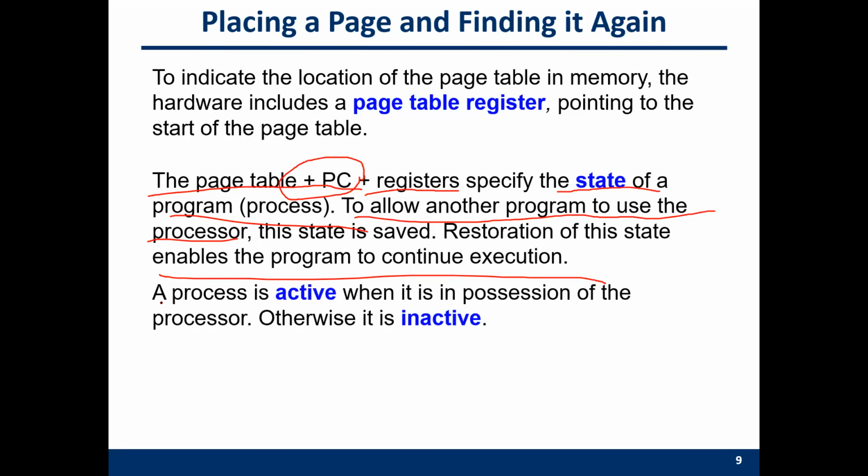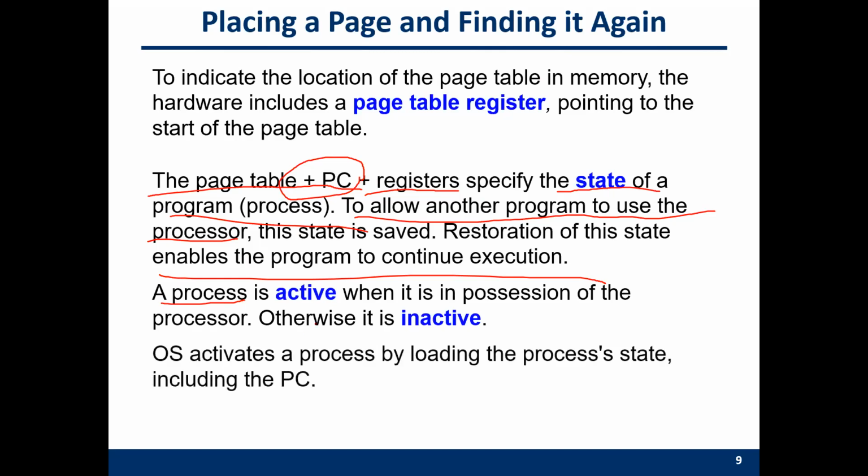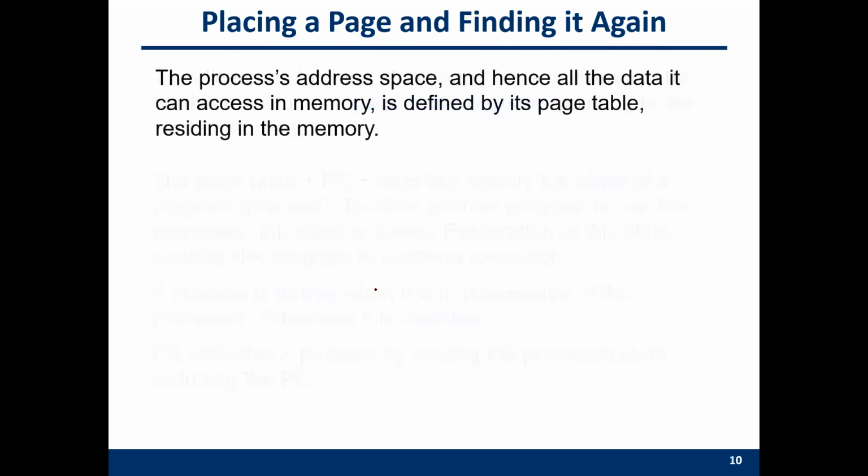We say a process, an application or a program is active when it's running on the CPU, otherwise it's inactive. The operating system activates a process by loading its process state, including the PC and the page table register, to enable it to run on the CPU.